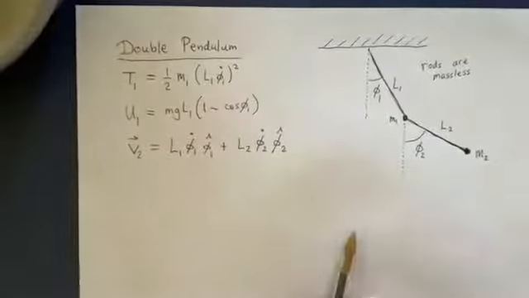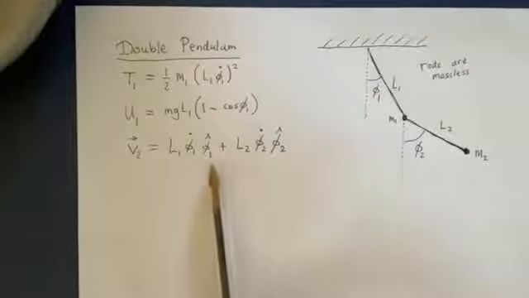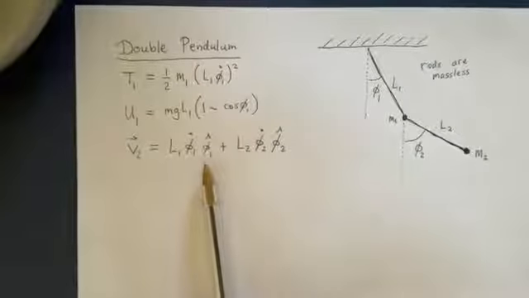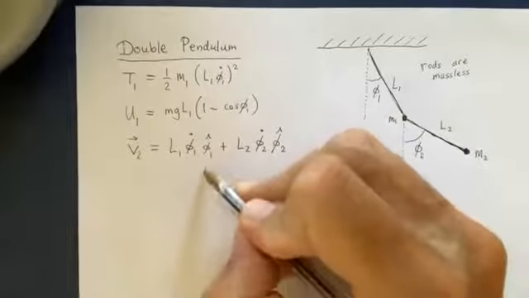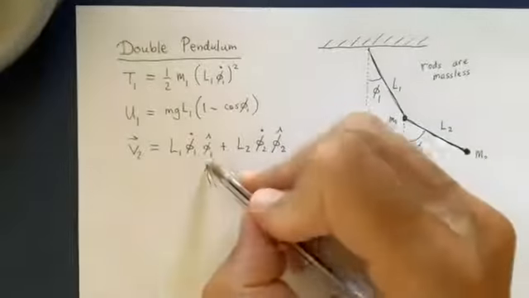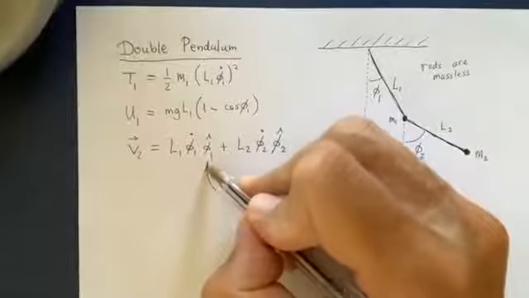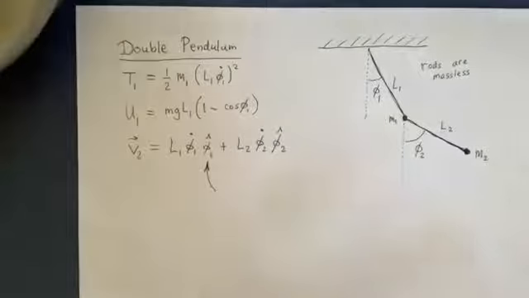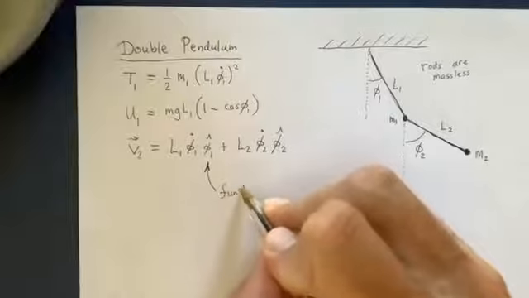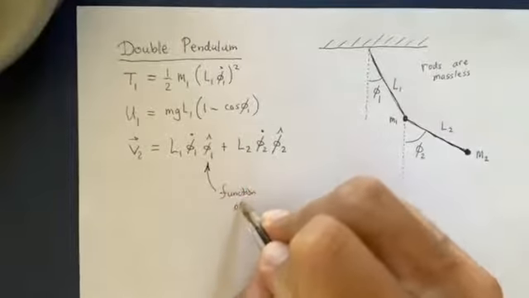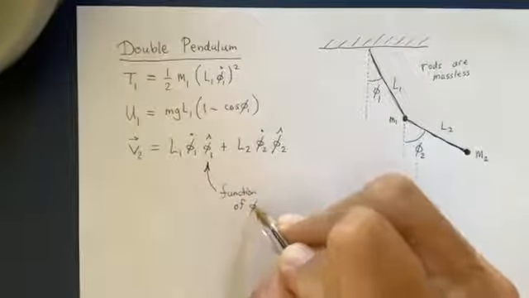Okay, so what we've done here is we've introduced a couple of unit vectors. There's a phi1 hat. This is a function of phi1. It's a unit vector and it is a function. Let me be very clear. I'm talking about this unit vector. It is a function of phi1, right?